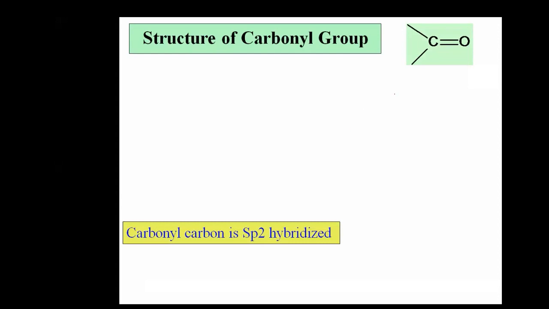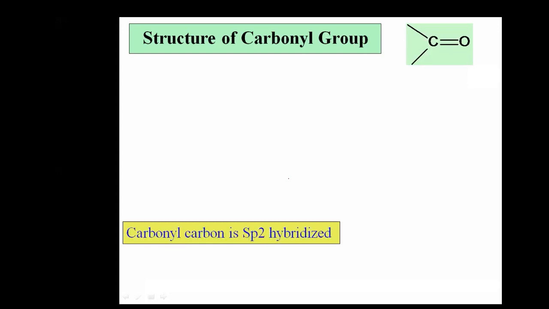In carbonyl group, in aldehyde or ketone, hybridization of that carbonyl carbon means one s orbital and two p orbitals mix up and recast, and there is the formation of three new orbitals, and those three new orbitals are called sp2 hybrid orbitals, and that process is called sp2 hybridization. हे खूप डिटेल मध्ये आपण जात नाहीये, फक्त एवढं लक्षात ठेवूया. In carbonyl group, central carbon is sp2 hybridized. Means there are three sp2 hybrid orbitals.